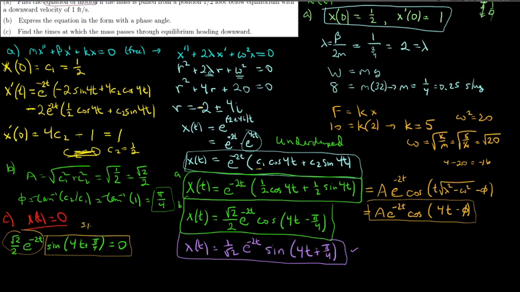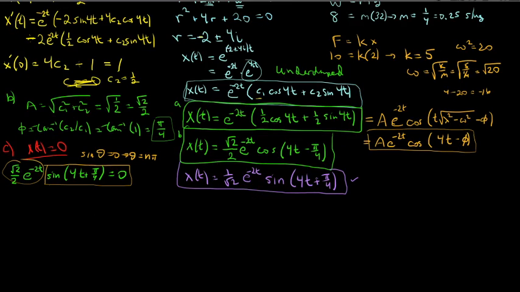And you remember that, right? Sine of theta equals 0 means that theta is just some multiple of pi. So in this case, our theta is this 4t plus pi over 4. So 4t plus pi over 4 is just n, some integer multiple of pi. So solving for t, we have 4t is going to be n pi minus pi over 4.